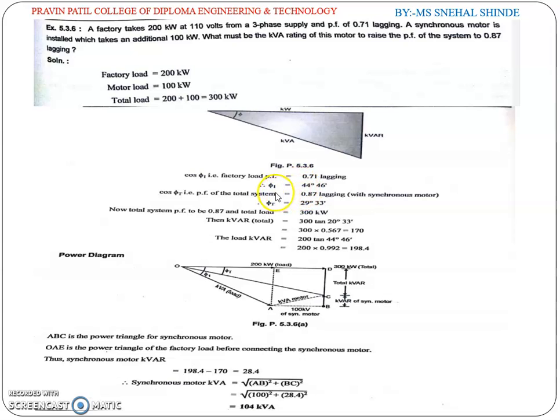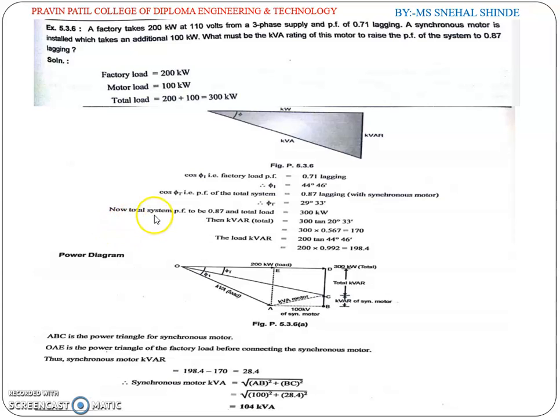So by taking the cos inverse of this, we get phi 1 equal to 44 degree point 46. Then cos phi t, that is the power factor of the total system, equal to 0.87 lagging with the synchronous motor. So phi t equal to 29 degree point 33.